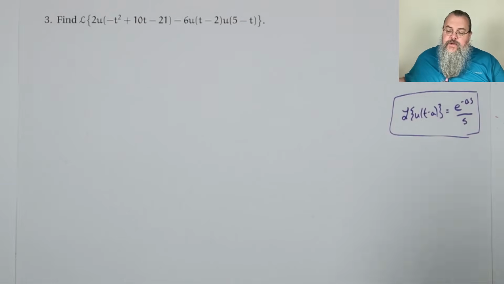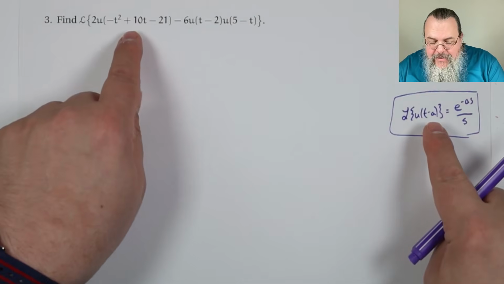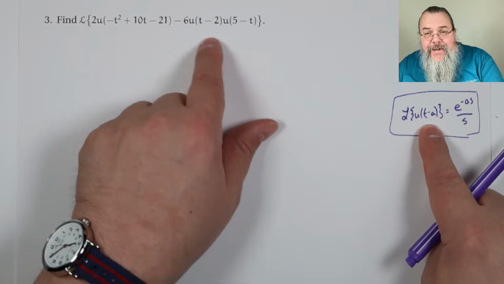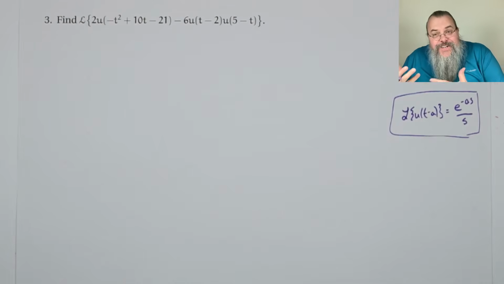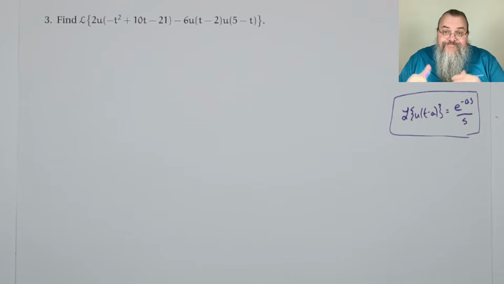What's our issue here? The issue is this inside part doesn't look like u of t minus a. And here we have products. And unfortunately, just like with integration, products can get kind of tricky.